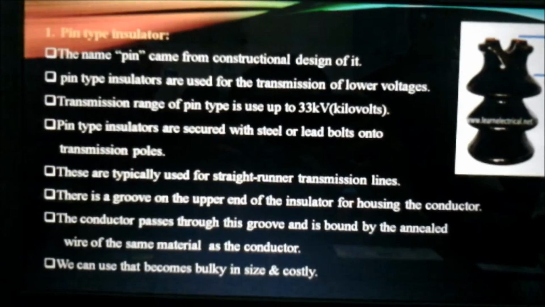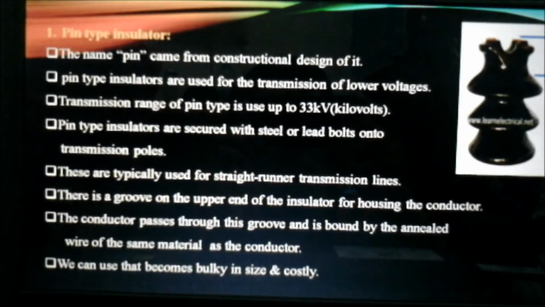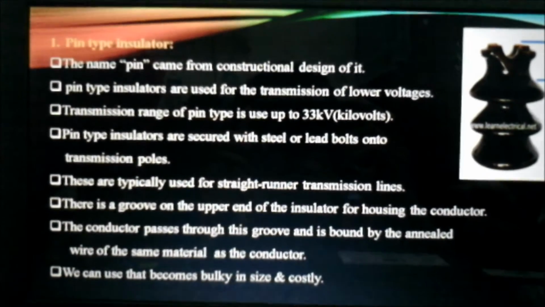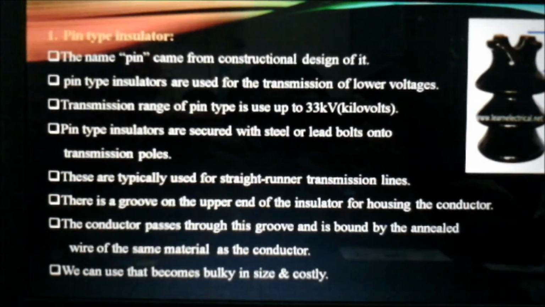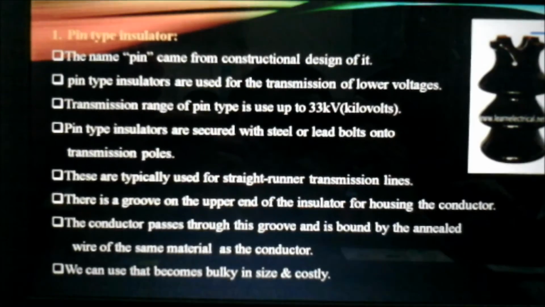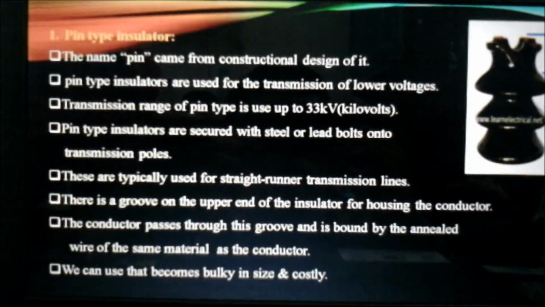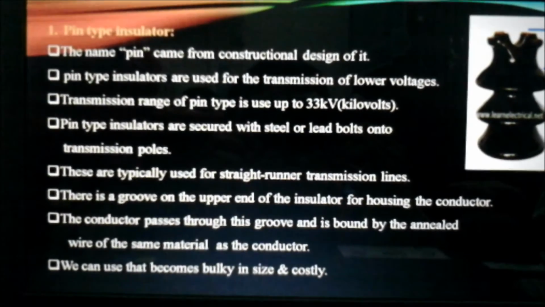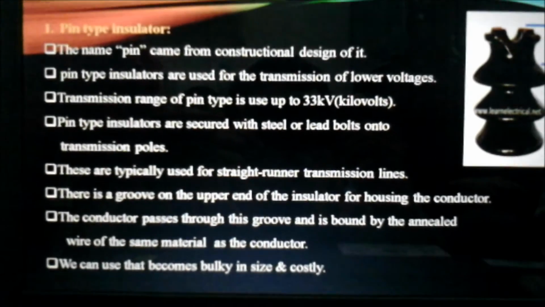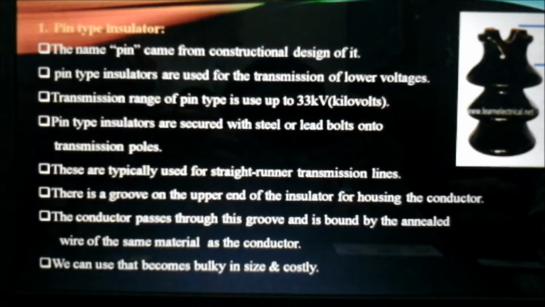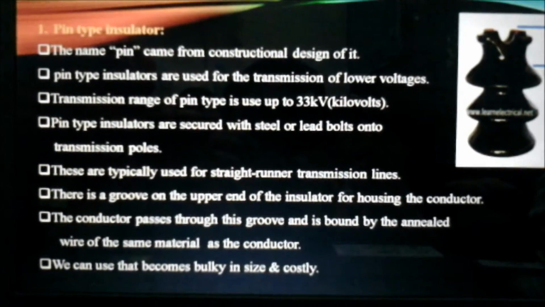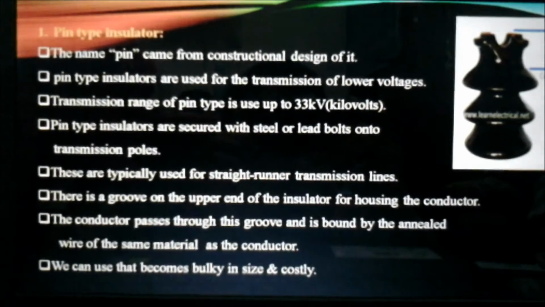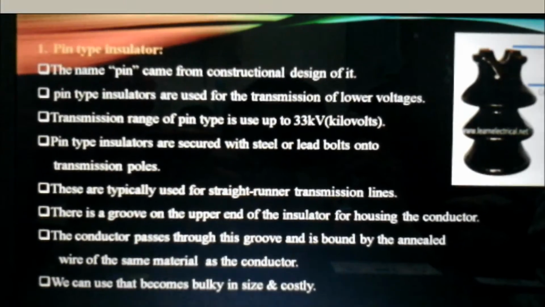Pin type insulators are secured with a steel or lead bolt onto the transmission pole. There is a groove on the upper end of the insulator for housing the conductor. These are typically used for straight running transmission lines. For higher voltages they become bulky in size and costly.